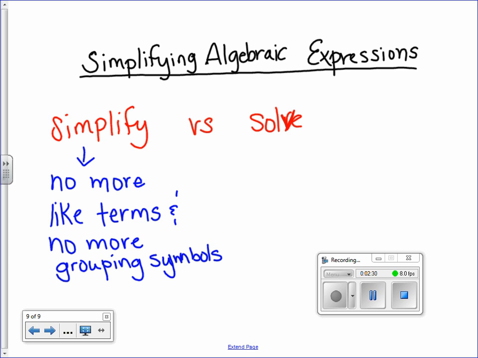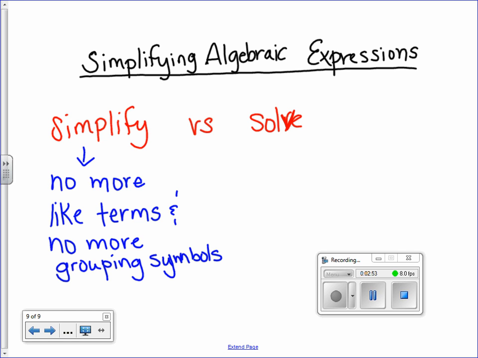If I give you an expression to simplify, and you give it back to me, and there's still matching terms in there, it's not simplified. Or if you give it back to me and there's still some parentheses in there, it's not simplified. Simplifying means that you have no more like terms, you have no more grouping symbols. That's not like a mathy definition, that's a Harvard definition.